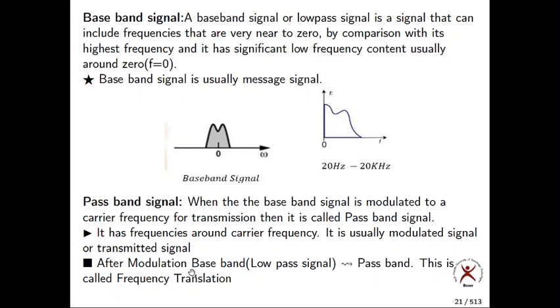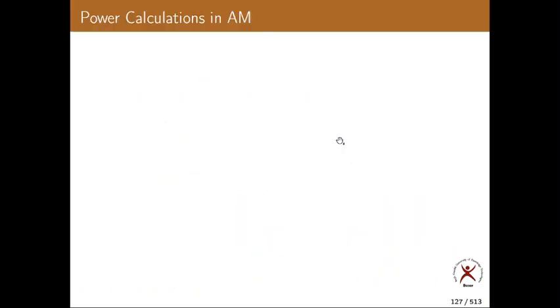After modulation, the baseband signal is translated to a passband signal. So this is nothing but frequency translation. We have seen an example where we took a spectrum centered around 0, and after modulation it is shifted to the carrier frequency FC. Now let us move on to another topic, that is power calculations in AM.